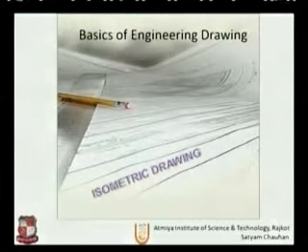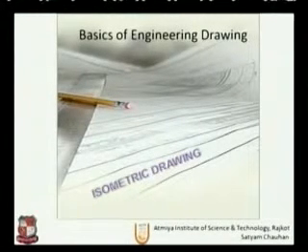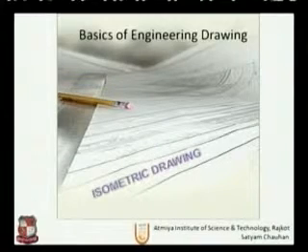Before starting the presentation, I would like to highlight some views about isometric drawing. Isometric means iso means equal and metric means sides. So isometric drawing means equal in all sides.